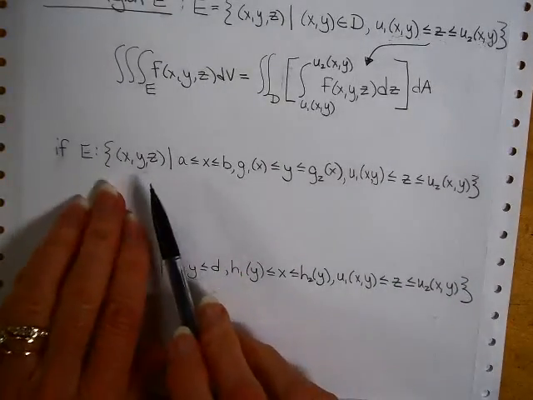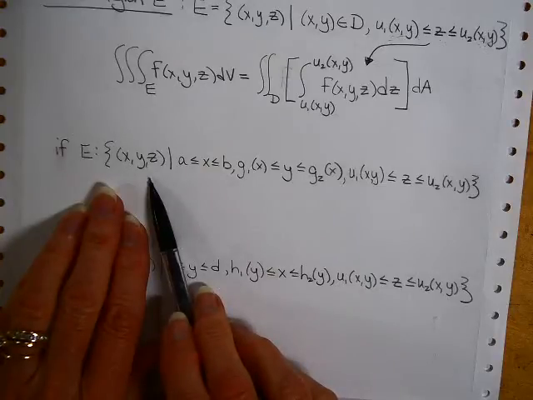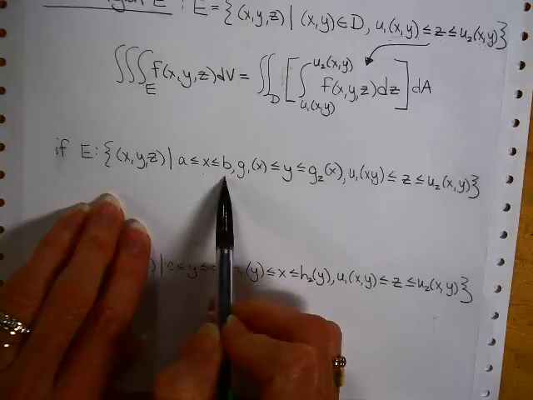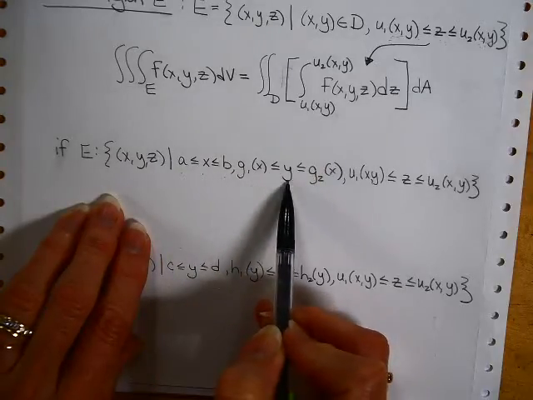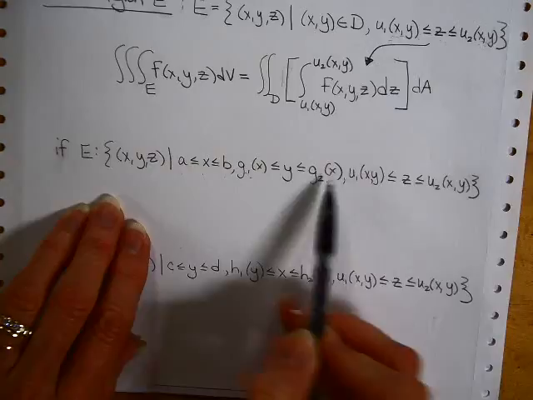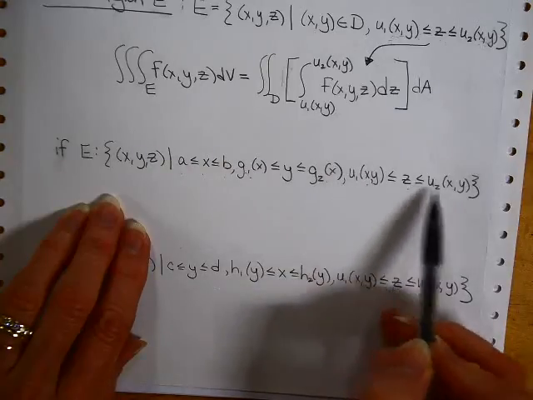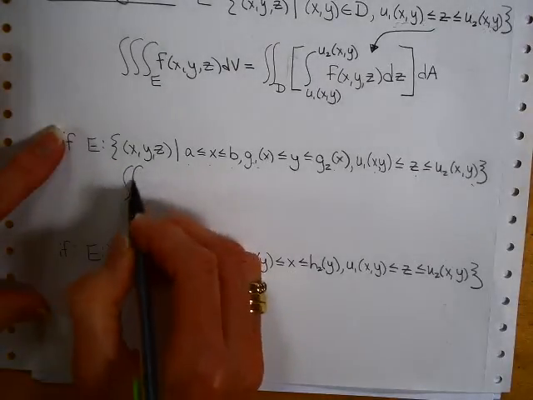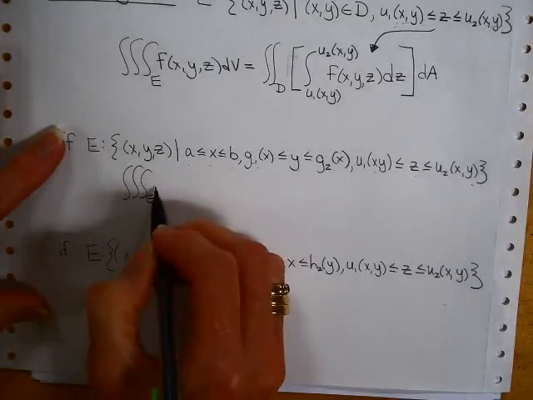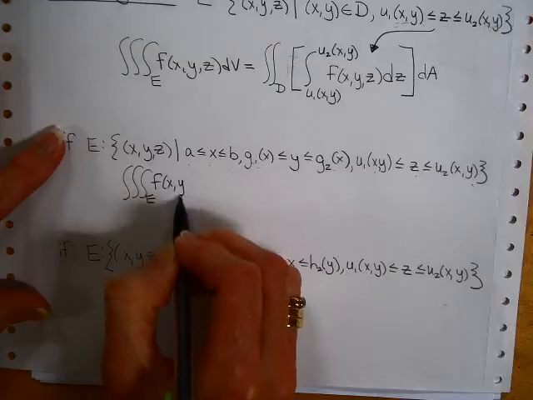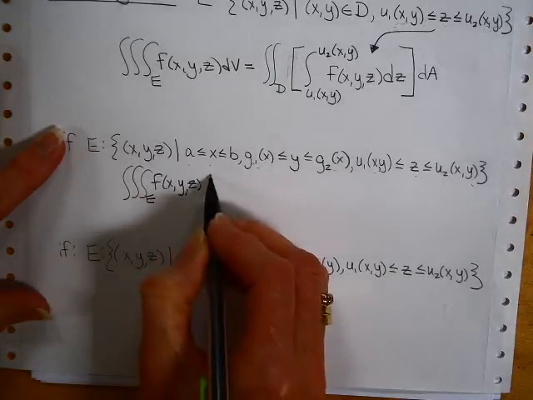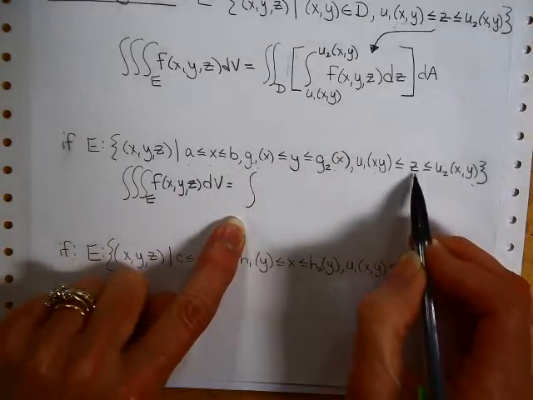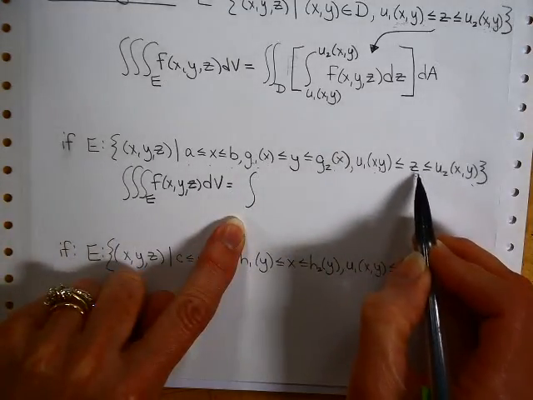All right. If your region E is such that your x's go from A to B, but your y's go between functions of x, and your z's go between functions of x and y, then your triple integral over your region E of f(x, y, z) dV has got to be set up so that your z's are on the inside.